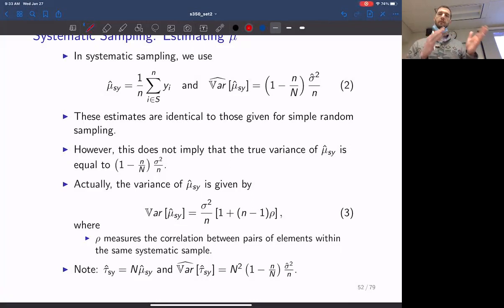But in the context of just systematic sampling, we typically utilize our SRS estimators because we would assume in that case that we are collecting a random sample of elements that are not related to one another. And in that situation, you could argue that rho, which measures essentially the correlation between the measurements in the sample, should be 0 if the values are all unrelated. So if rho is 0, then n minus 1 is canceled out.